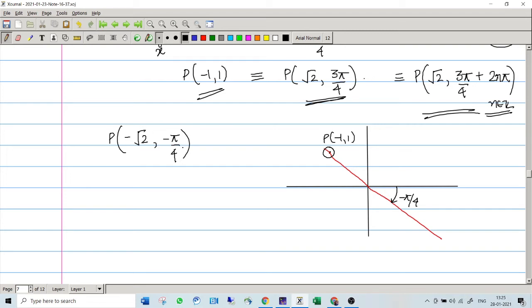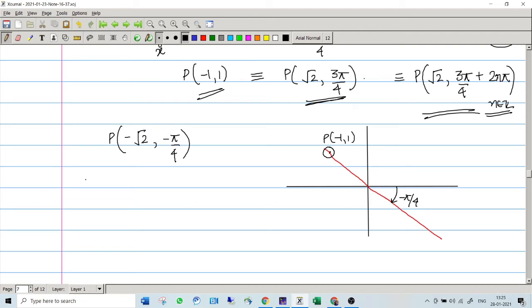If you're traveling along the direction of minus pi by 4, along this line, then to come up to this particular point, you'll have to travel in the negative sense of r. That is, you'll have to travel from the origin away from the direction of minus pi by 4. So your r will be negative, in the other direction.